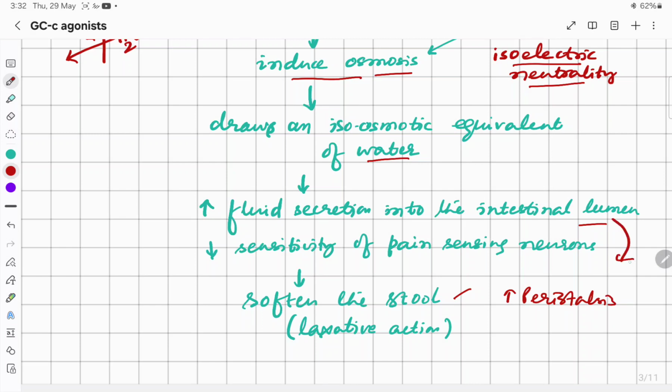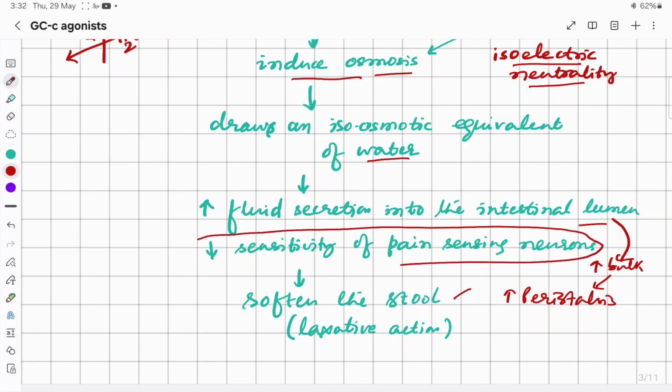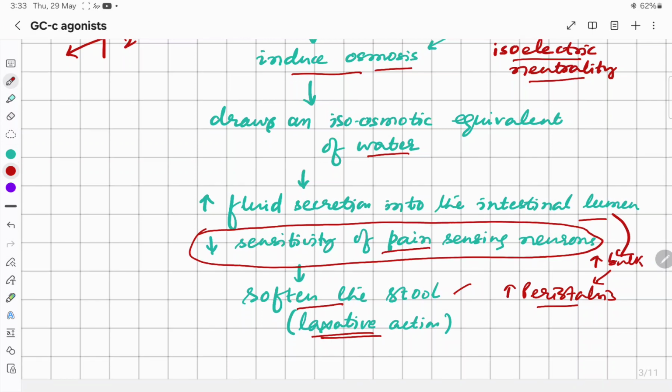These guanylate cyclase C agonists also have another action: they decrease the sensitivity of pain sensing neurons, so they can also decrease pain. In this way they produce the laxative action by increasing peristalsis, by softening the stool, and by decreasing the sensitivity of pain sensing neurons.